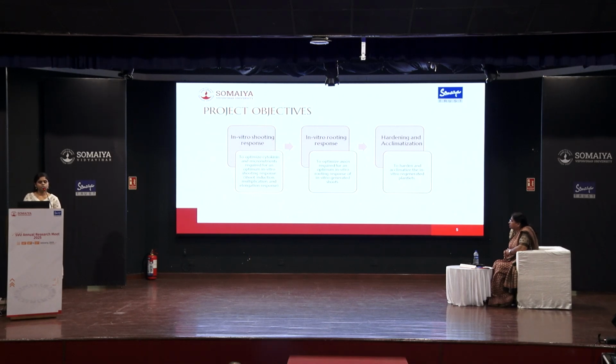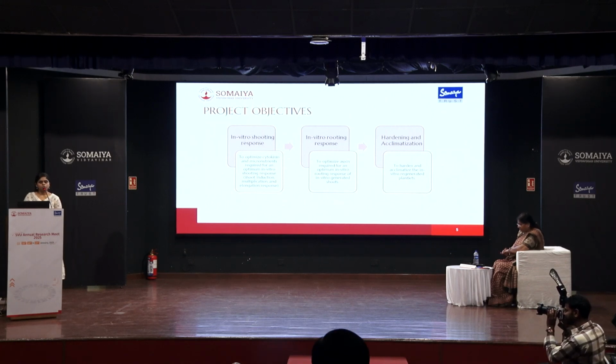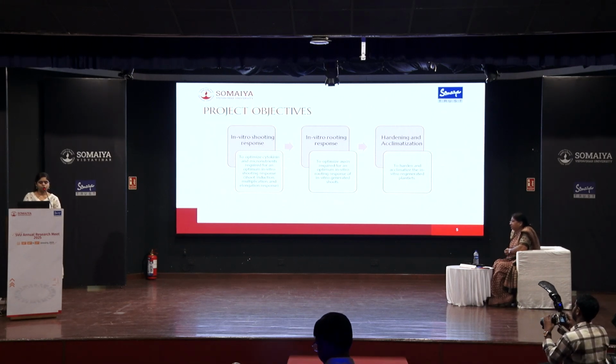We will initiate our study by optimizing an in vitro shooting response. We will be using shoot tip explants that we obtain from in vitro germinated seeds of CFMB2. So in the first objective, we will be optimizing the in vitro shooting response by testing different phytohormones and micronutrients that could help induce an optimum in vitro shooting response for CFMB2.